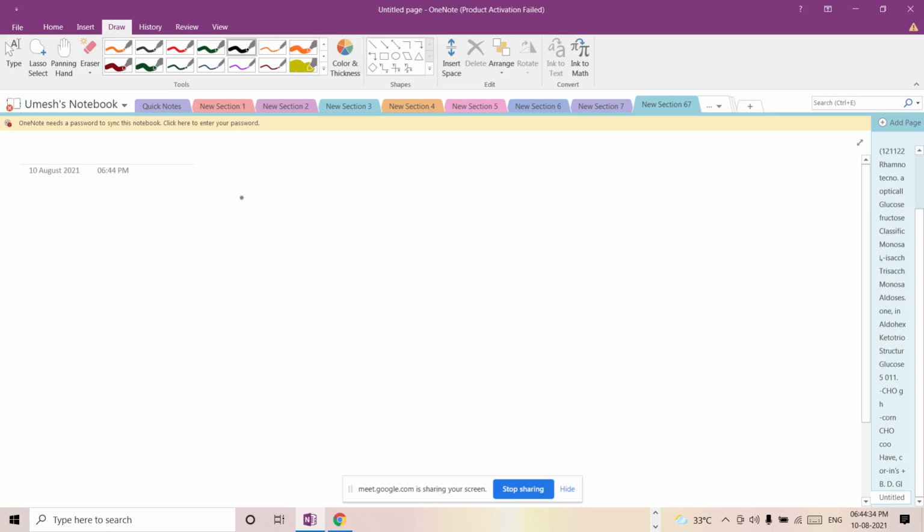Next point is, if I have alpha D plus glucose, where plus stands for dextrorotatory, its specific rotation is positive 111 degrees.